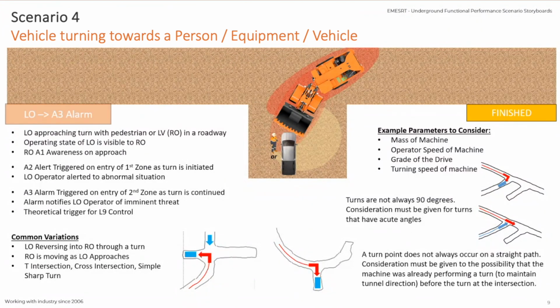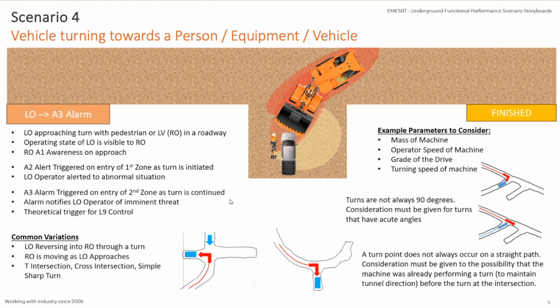But when you're running some of the bigger operations with your bigger machines, they'll probably have a crack at some of those turns at 20 or even 30 k's an hour. They'll do it in second, maybe even third gear. So it's something to consider is the turning speed, not just the way the machine turns when you turn the steering wheel, but also the speed at which they will perform the turn.